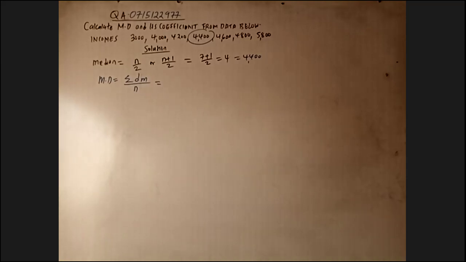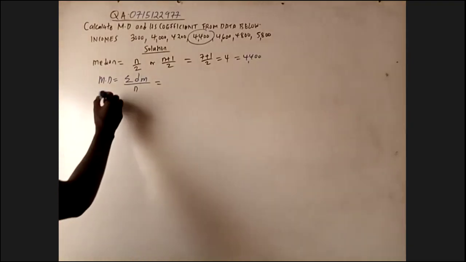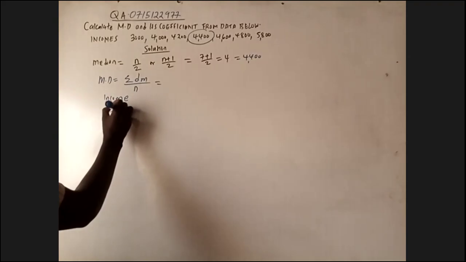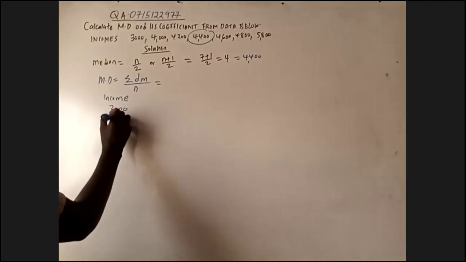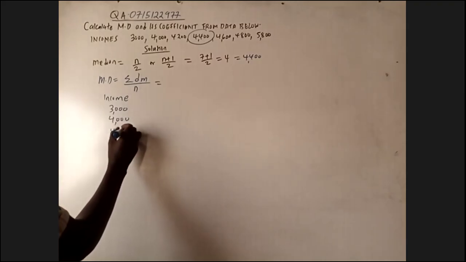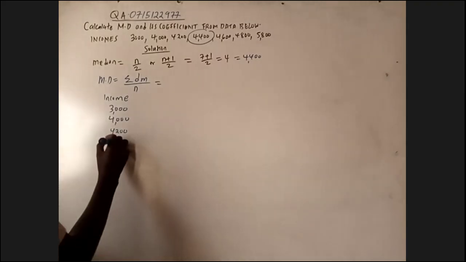But remember, we are supposed to ignore the negative figure, if I'm not mistaken. We are supposed to ignore the negative figure. Is that correct? Everyone see if you get the correct answer. Or how do we get the deviation?